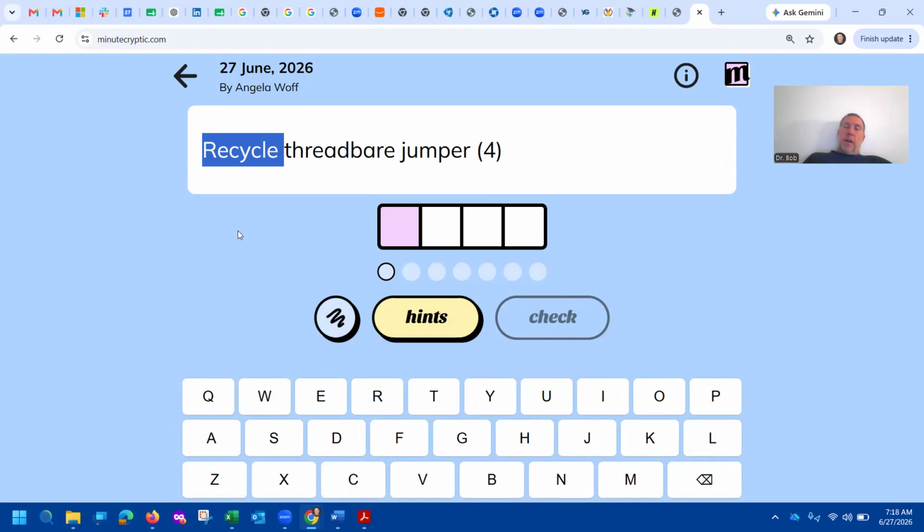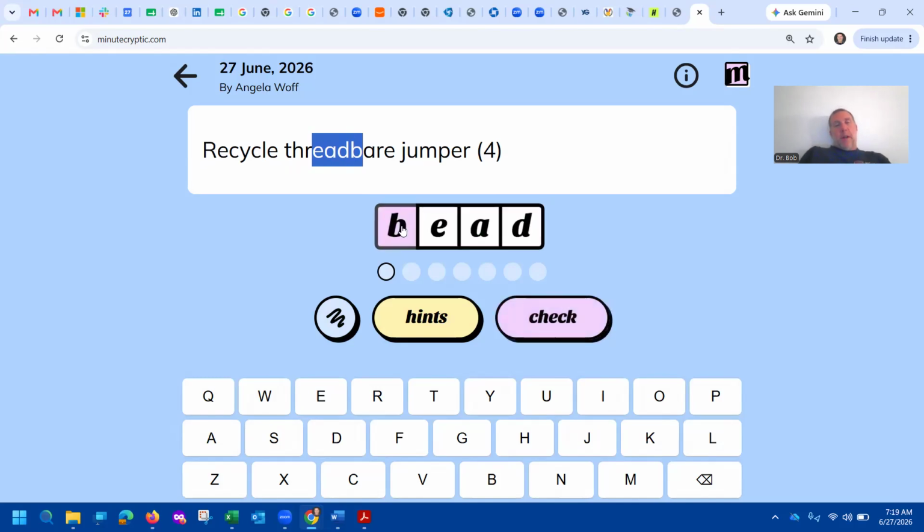If recycle was an indicator, that would mean rearrange. And then I think I'd have to know what threadbare means. I'd have to think of a replacement for threadbare. Recycle threadbare jumper. If I recycle the center letters of that, I'd get bead. That's kind of a jumper across there. But again, now I'm creating an andlet.